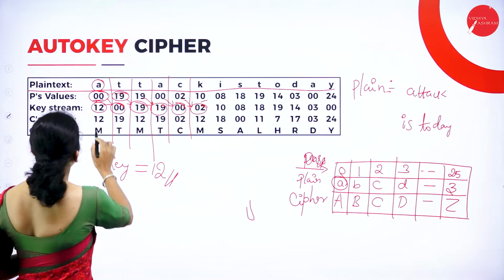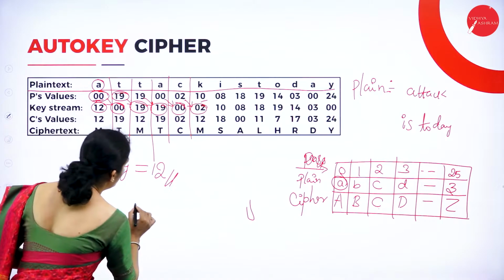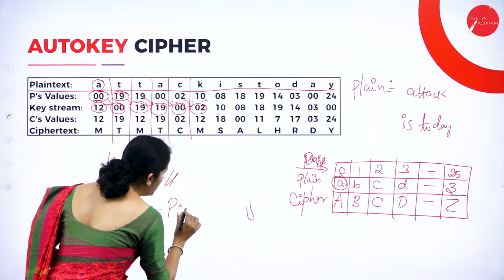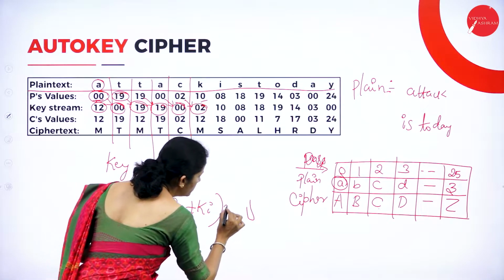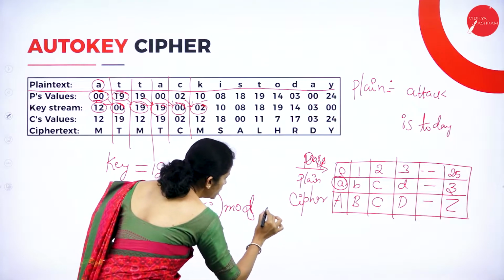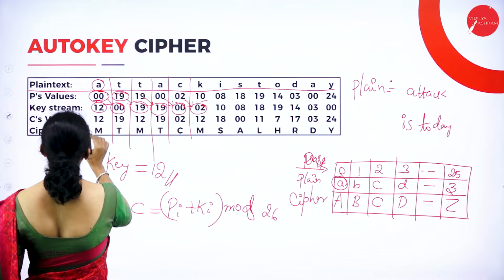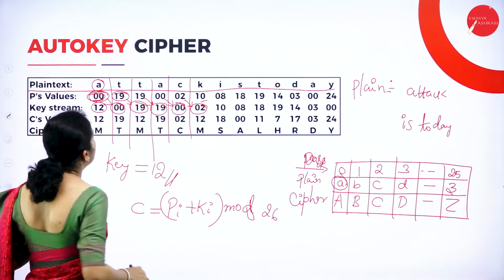Now, to get ciphertext, what is the formula? That is C equal to Pi plus Ki mod 26. So what is my Pi? That is nothing but the plain text value.